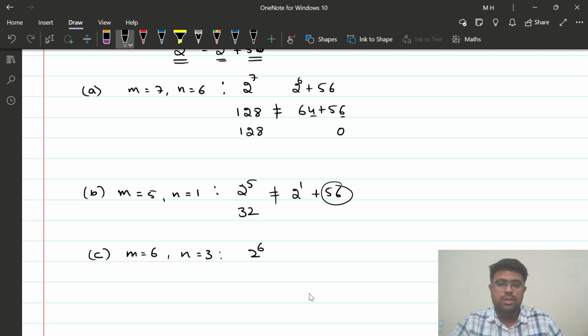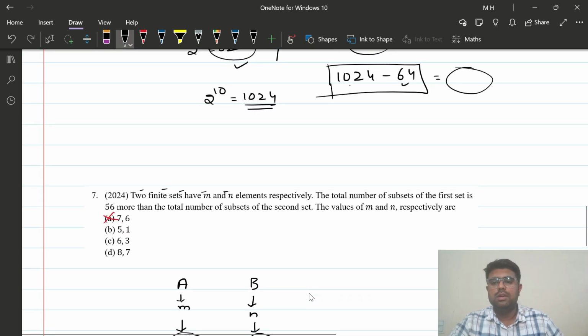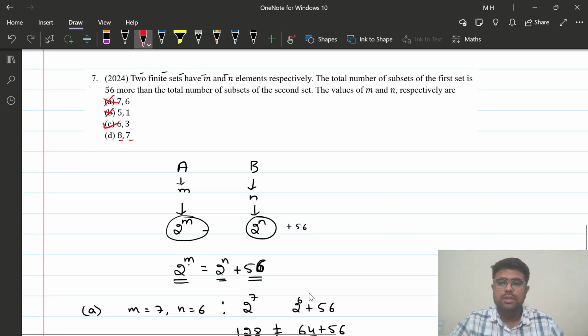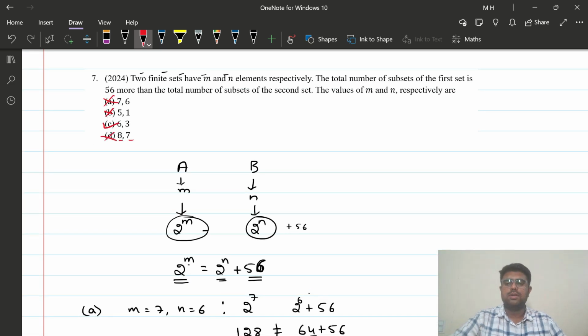If I substitute, 2 raised to 6 is 64, and 2 raised to 3 is 8 plus 56, which is 64. So it is going to be equal, right? 64 is equal to 64, so it must be option C. Option B is wrong, option C is right. And of course, 8 and 7 may not match again, so it is not correct. You can just substitute and cross check.